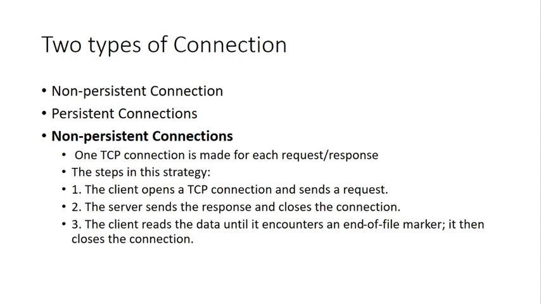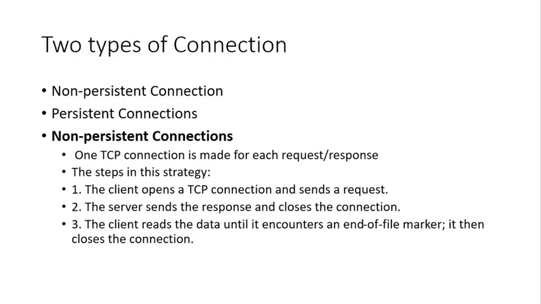We have two types of connection under Hypertext Transfer Protocol. The first one is the non-persistent connection, and the second one is the persistent type of connection. The HTTP concept embedded in web page documents may require several requests and responses.